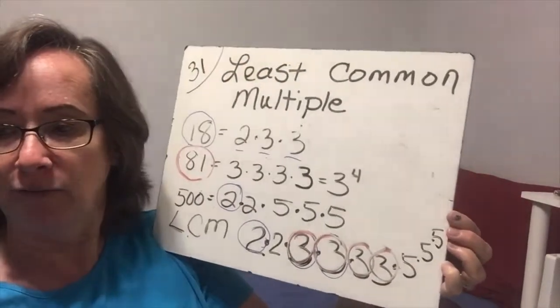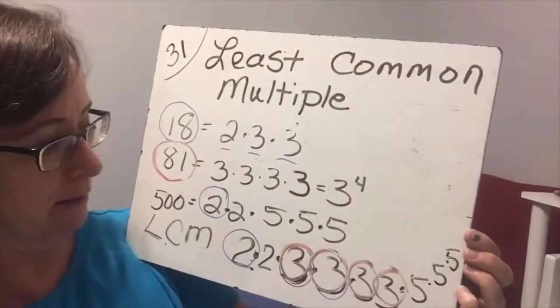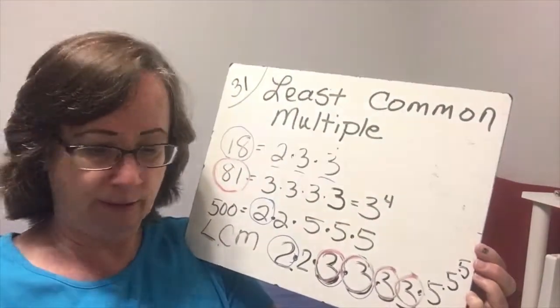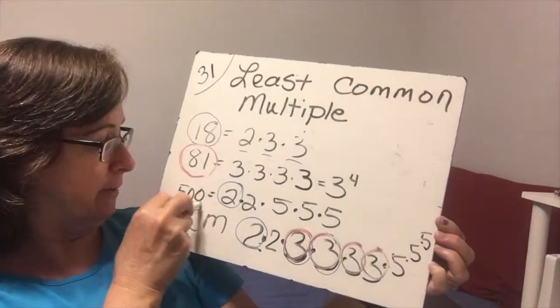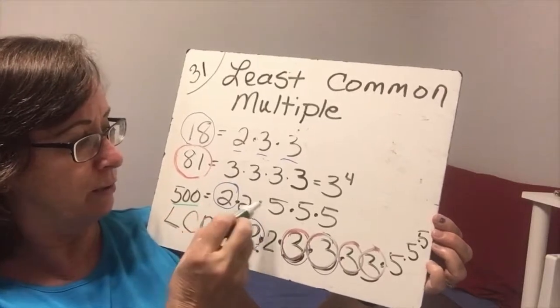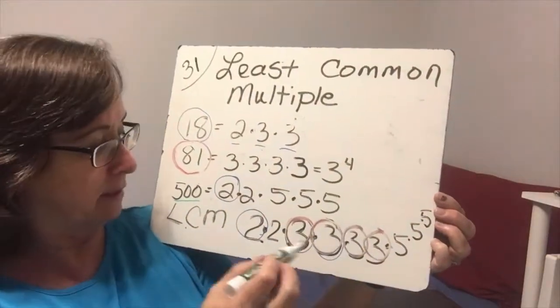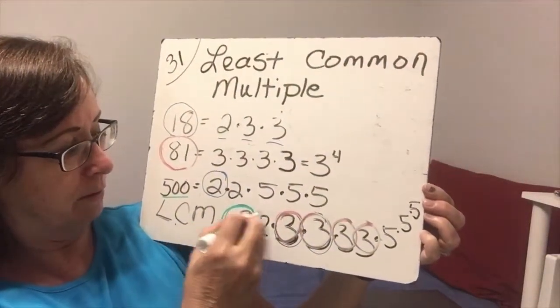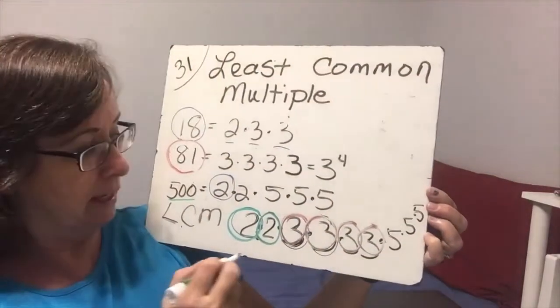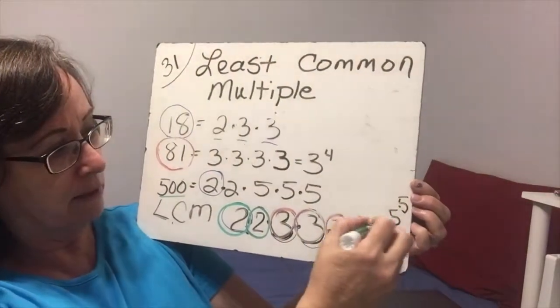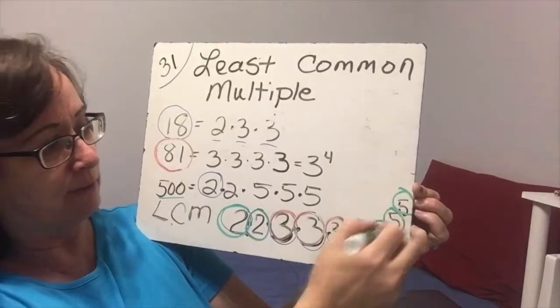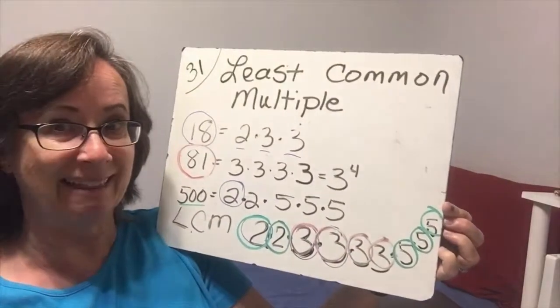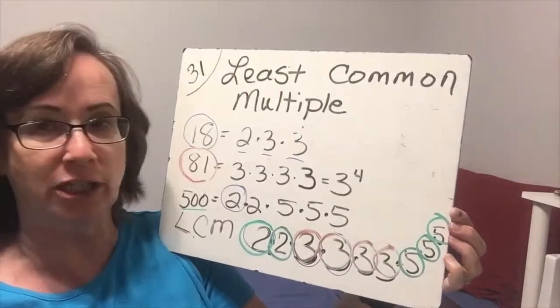And then for 500, I need 2 2s and 3 5s. So 2, they can share 2 2s and 1, 2, 3 5s. All of my numbers are used at least once, and some of them are shared.